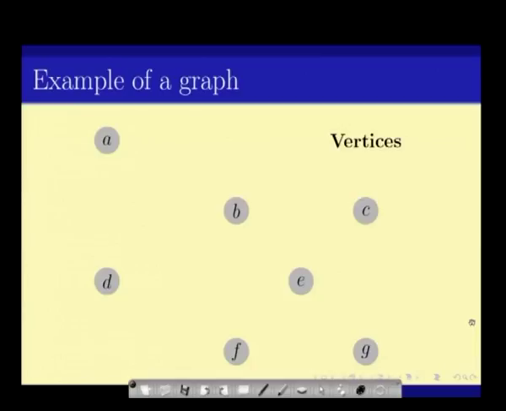For example, here we have a set of vertices represented as nodes in a plane. Usually graphs are represented pictorially in this form, where the vertices are represented as nodes and the edges, which are pairs of vertices, are represented by lines, straight or curved, joining those two vertices.